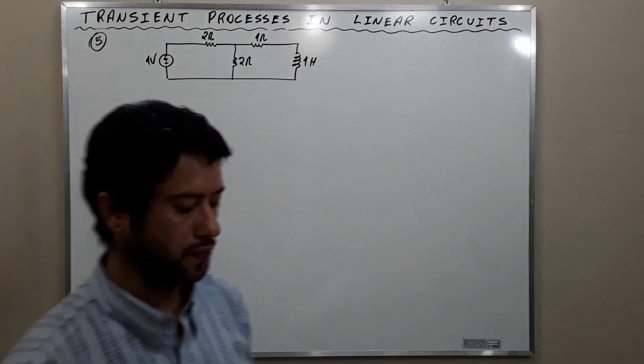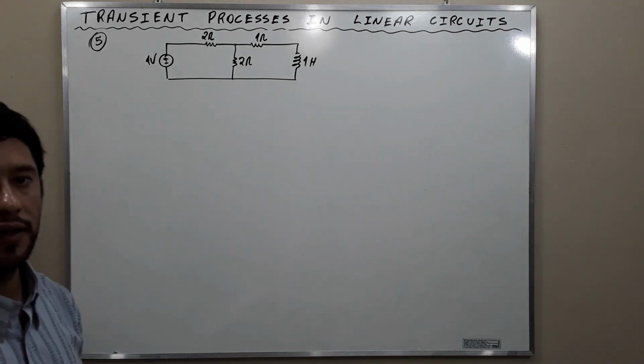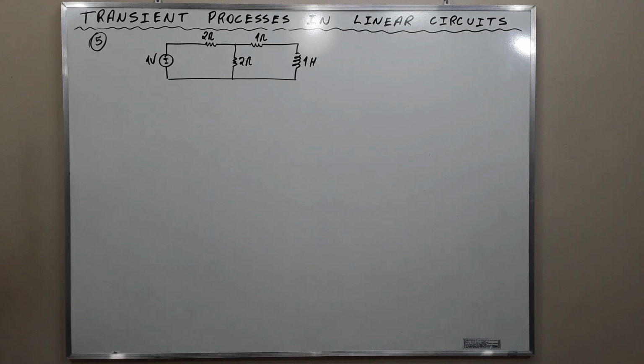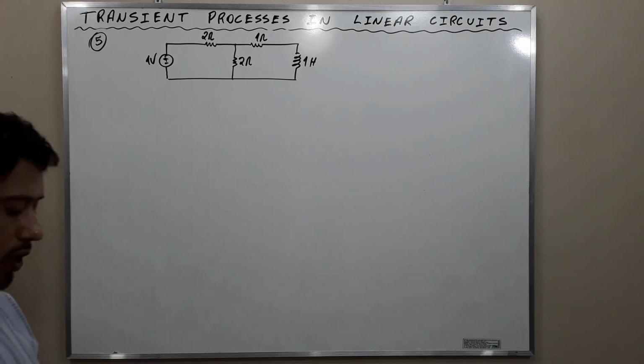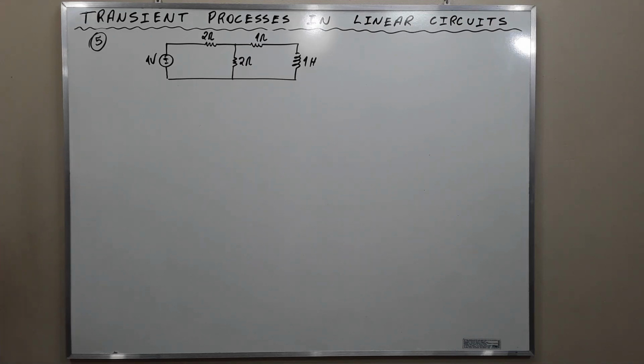Question 5. Determine the time constant of the circuit. Let's solve it. To calculate the time constant, we may simplify the circuit using Thevenin's equivalent. Okay?